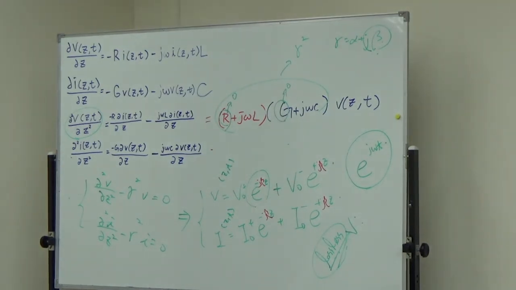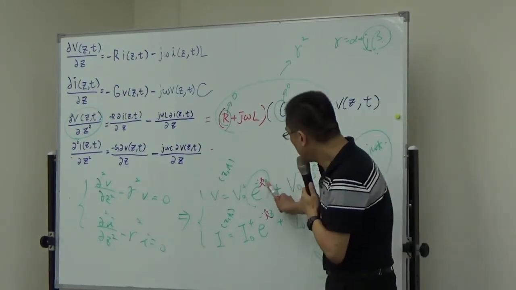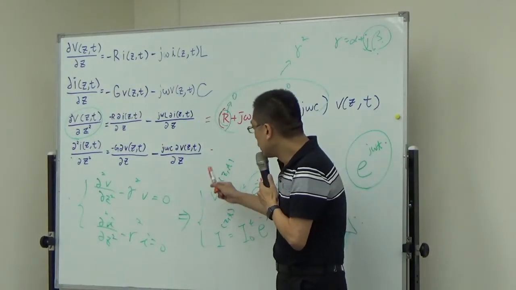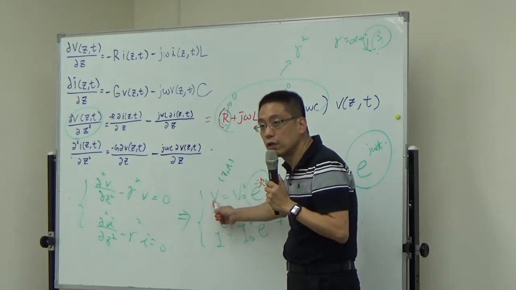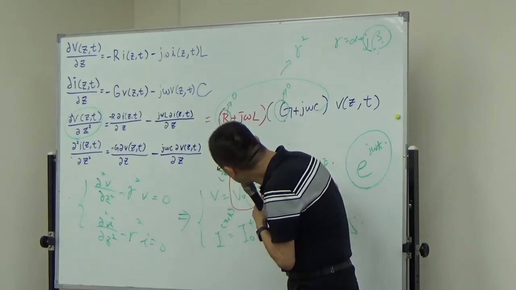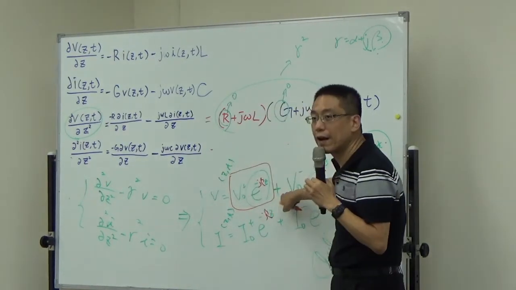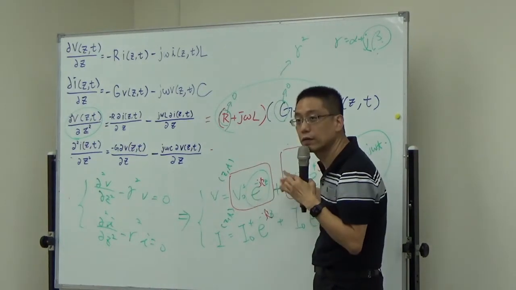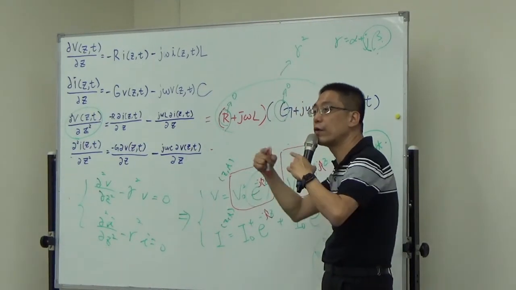Okay, so next part, we try to define the ratio between these terms. Because the total voltage equals the forward voltage plus the reverse voltage, which are in different directions.